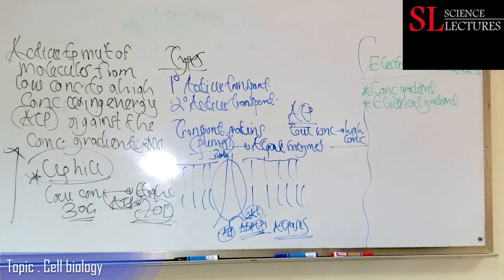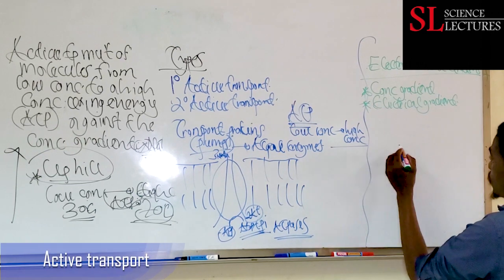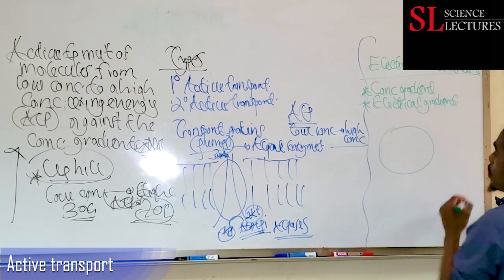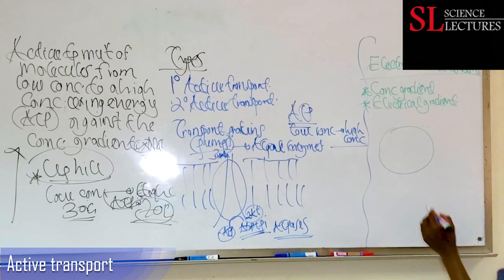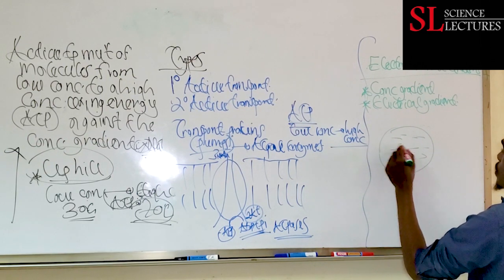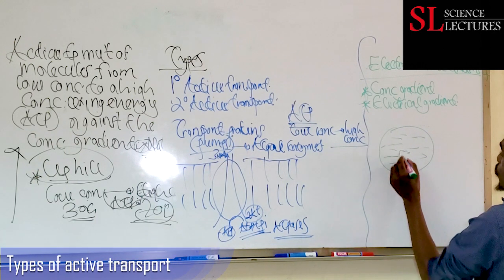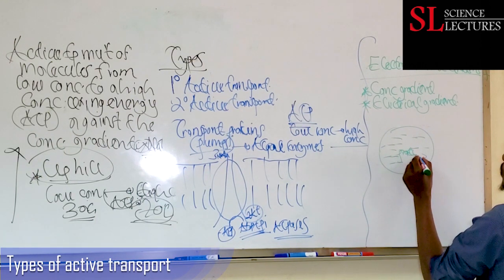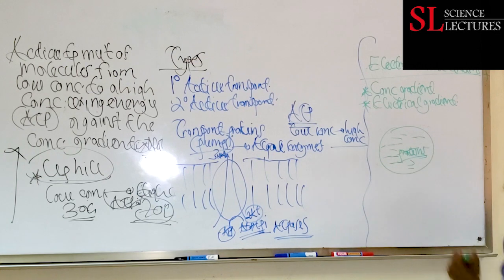So let's assume we have a cell. So this is my animal cell. Inside of the cell, we know inside the cell is always negatively charged due to presence of proteins inside the cell.